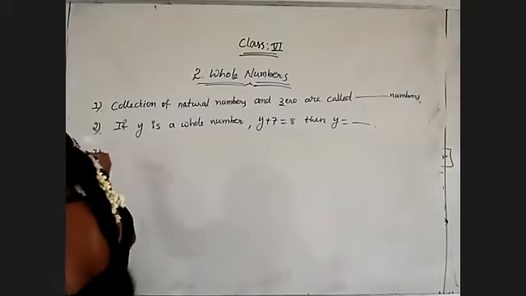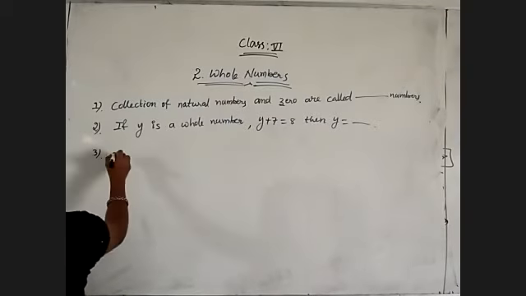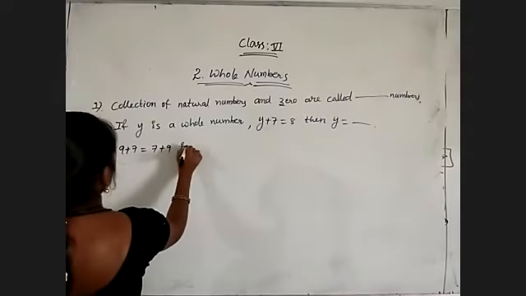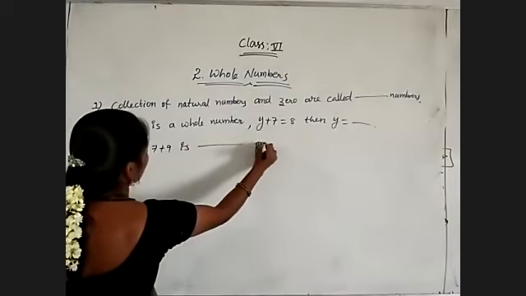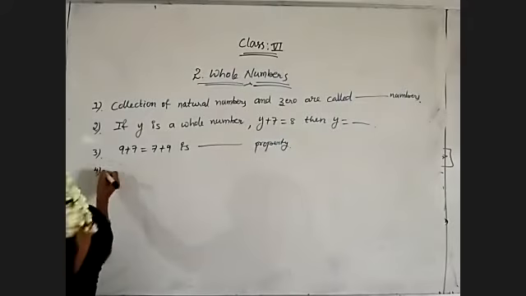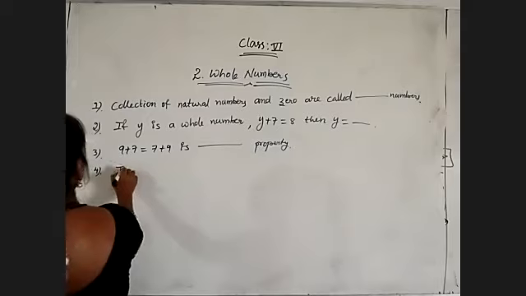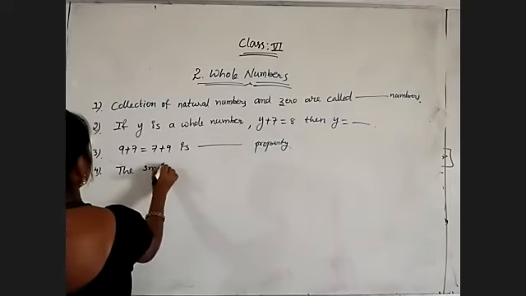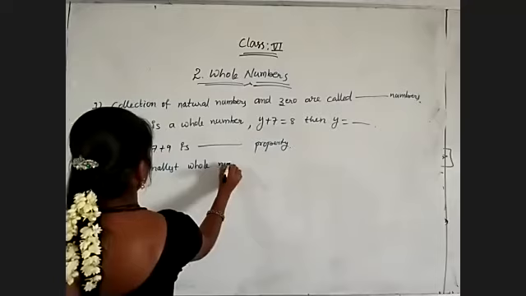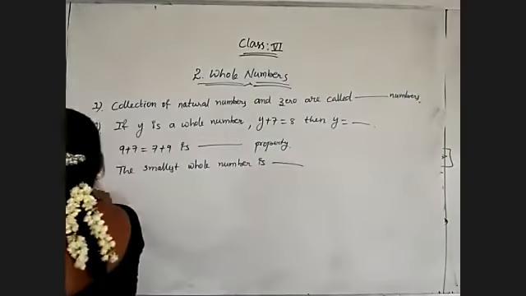And my third question is, 9 plus 7 is equal to 7 plus 9 is dash property. Which property? And my fourth question is, the smallest whole number is dash.